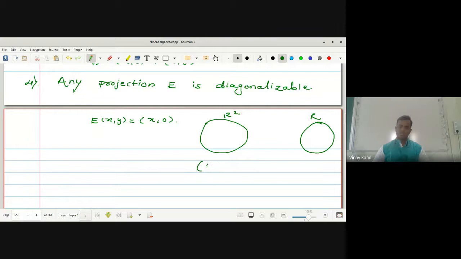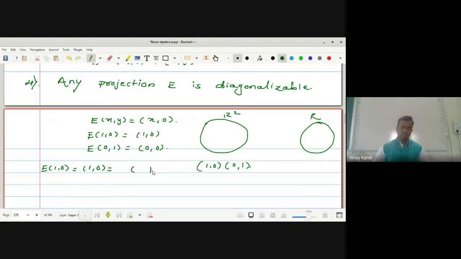What are the basis elements? 1 0, 0 1. Put here E of 1 0, you get 1 0. E of 0 1, काय येईल? 0 0. ओके ना, हा जो आहे E of 1 0 is equal to 1 0.